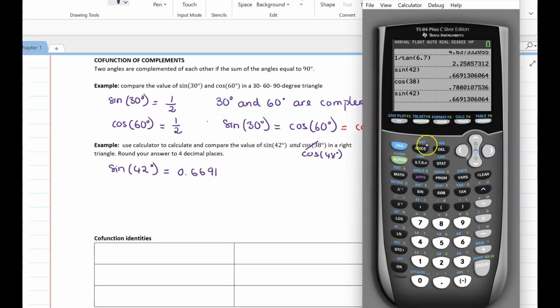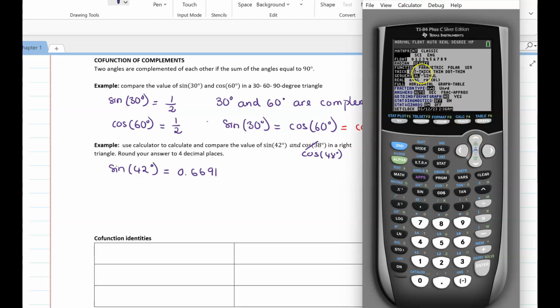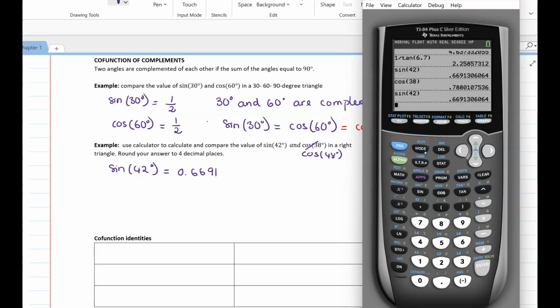The way to check this for the TI-84 is to click on mode and take a look here. As you can see, degree is highlighted, so this calculator is in degree mode. Now let's take a look at what cosine of 48 degrees looks like. It is of the same value.